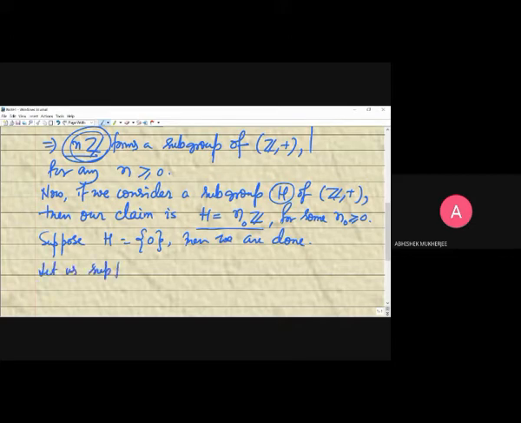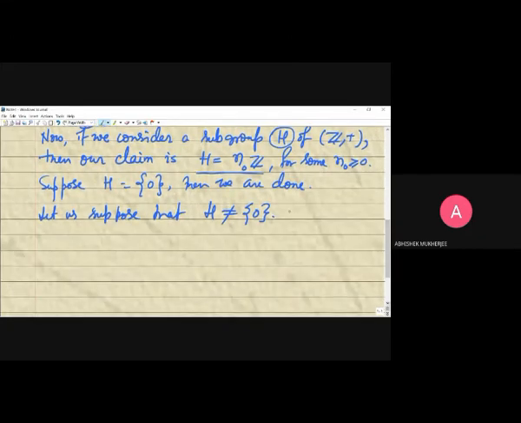Okay, so let us suppose that H is not equal to singleton 0. That is, there exists one A belonging to H which is non-zero.